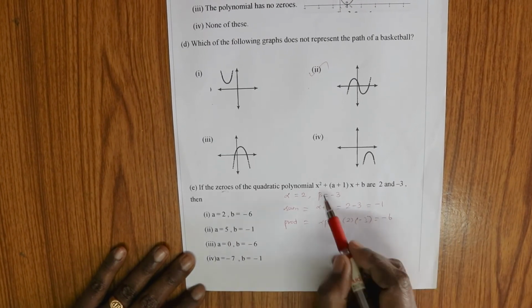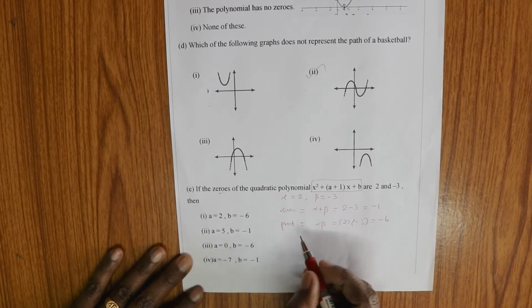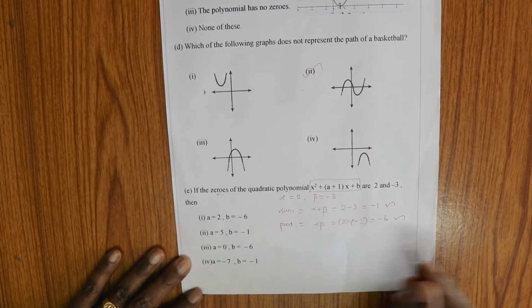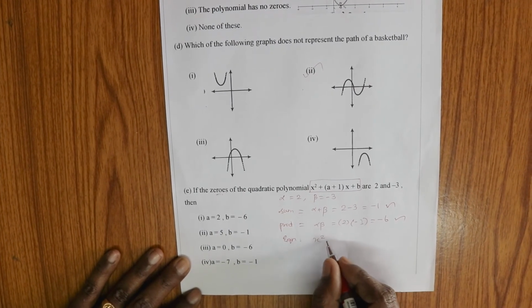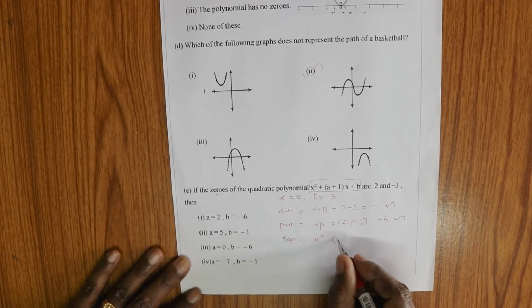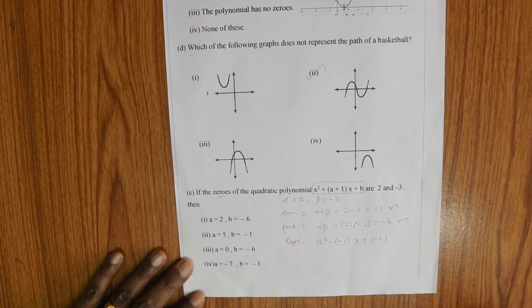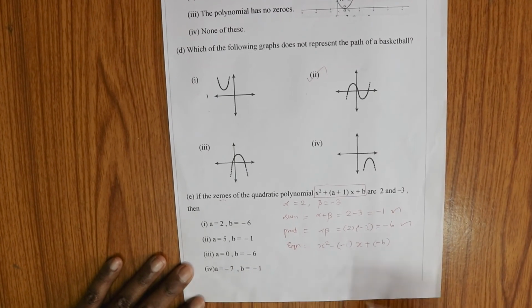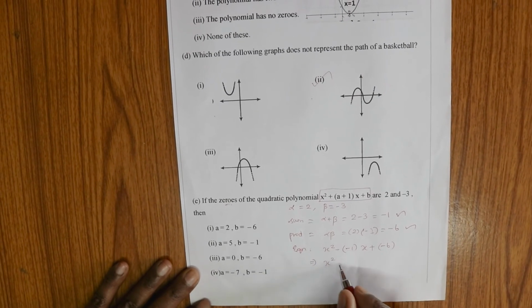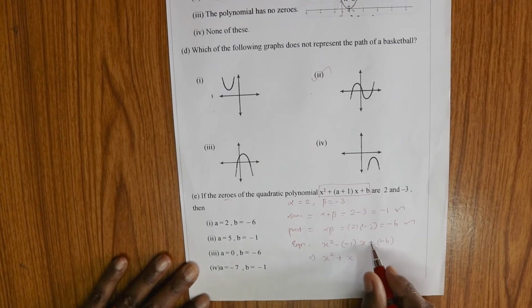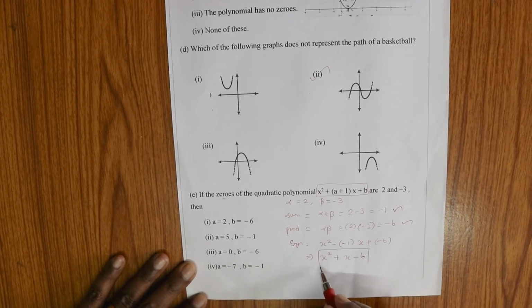Now let me compare that with this. Based on this sum and product, if I frame the equation, it is x squared minus sum of the roots into x plus product of the roots. This is the quadratic polynomial when sum and product are given. So this becomes x squared, minus into minus becomes plus x, and plus into minus is minus 6. Now look at the two boxes which I had drawn.